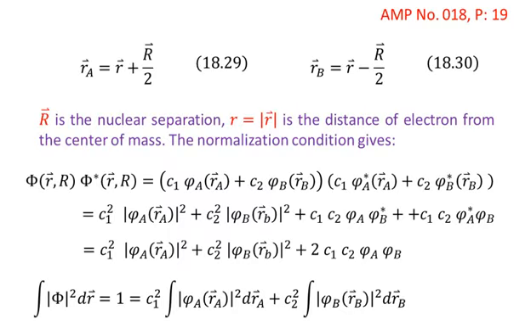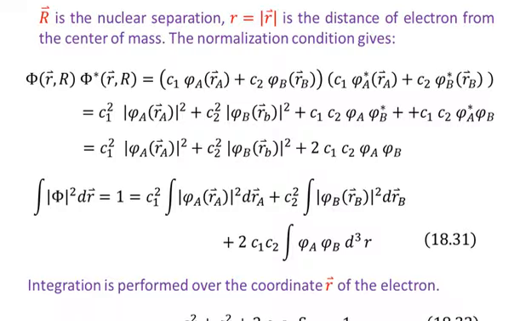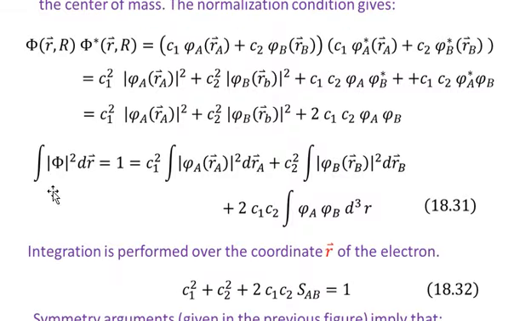Now you can take the integration of both sides of this equation over the allowed space. You know that phi into phi star is equal to the absolute square of phi, multiplied by dr, because we are going to integrate over the given space, and the probability will be equal to 1. On the right hand side I have C1 square times the integral of the absolute square of phi A with respect to dr_A, then C2 square times the integral of the absolute square of phi B multiplied by dr_B.